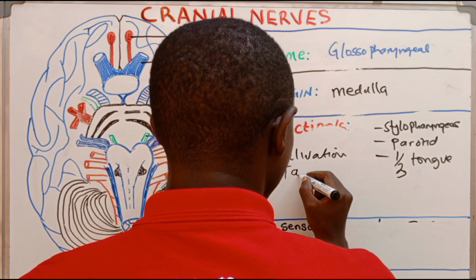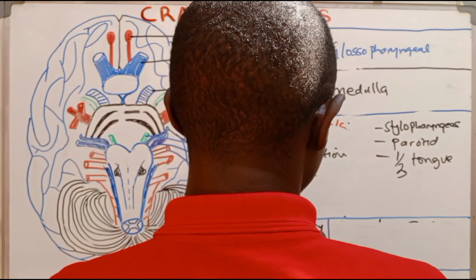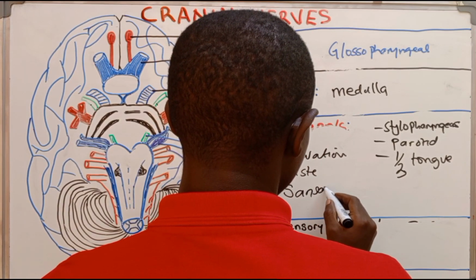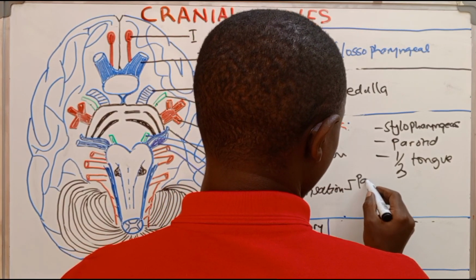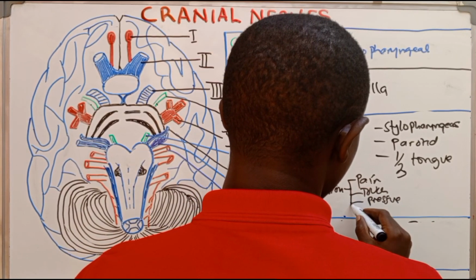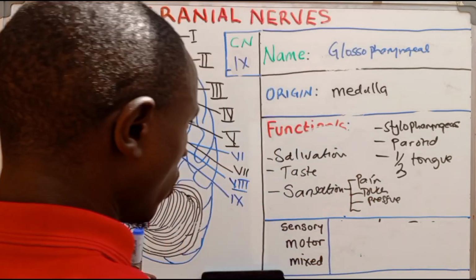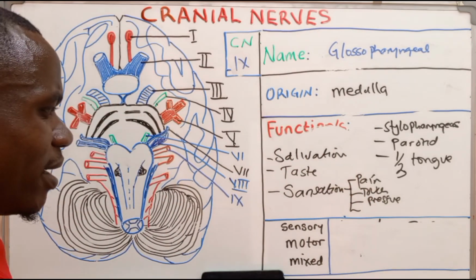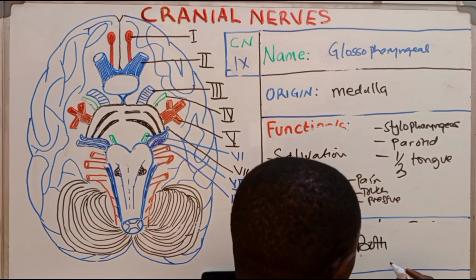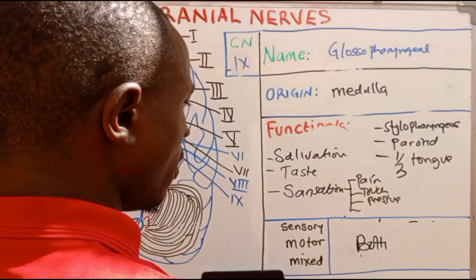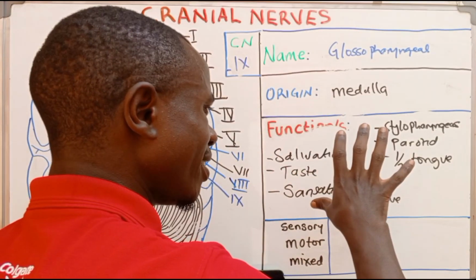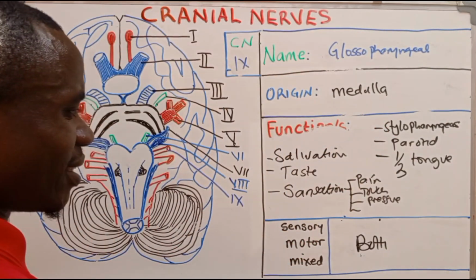It is also going to be helping in picking up the sense of taste, and also a lot of sensations like pain, touch, pressure, and some other sensations which are going to be picked up by this cranial nerve number 9. And it is going to be a both. It's going to have both sensory and motor fibers. It is such a beautiful thing. So we shall later come and extract only the glossopharyngeal nerve, and dive into it in great detail.